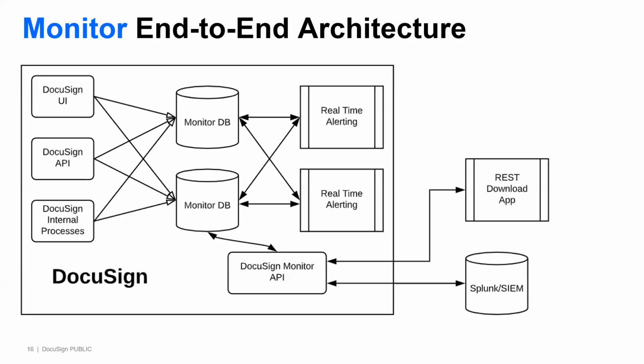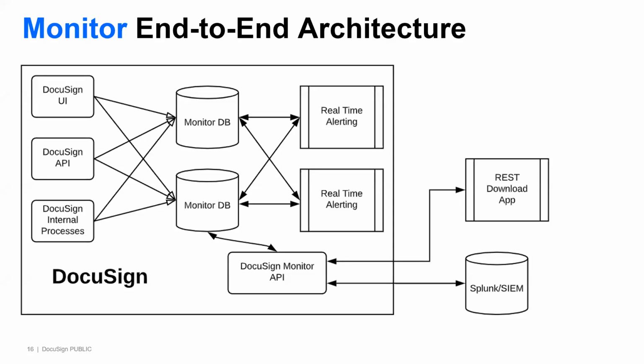Yeah. So if you look here, this is what the DocuSign world looks like. Within us, we have our UI and APIs. We have our own internal processes and some real-time alerting as well. Internally, we keep track of all of that information, and we are then providing that information to you via the DocuSign Monitor API.